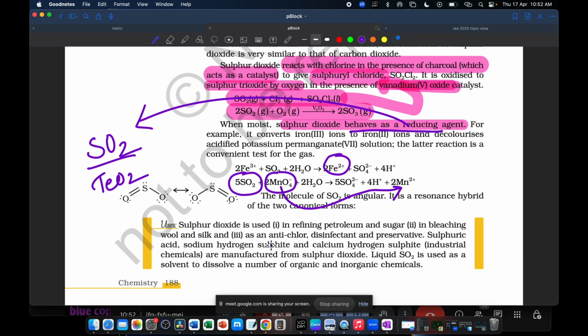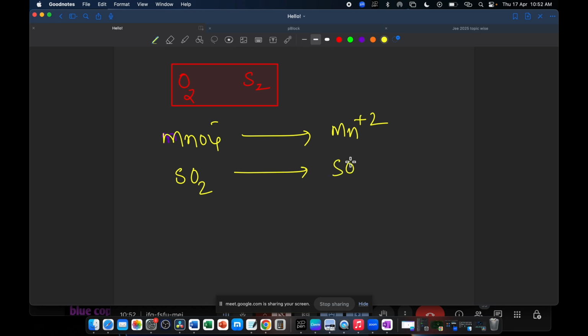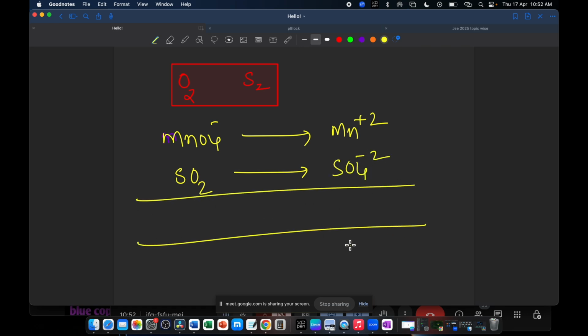Okay, and the other reaction is the MnO4 reaction. We know it. MnO4 minus is converted to Mn plus 2, and SO2 is converted to SO4 minus 2. If you balance these two reactions, you will get the balanced equation.